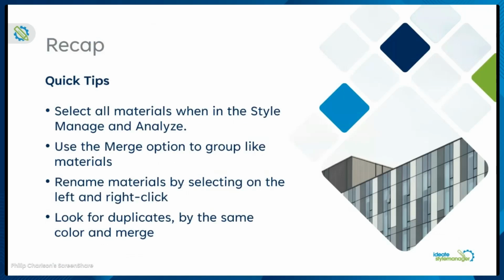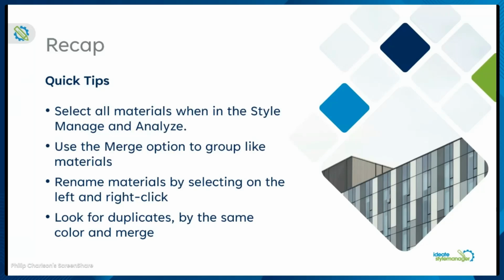All right, so just a little bit of a recap here. Some quick tips on using the Style Manager in relation to materials. When you pop into it, you typically want to select all the materials, see where you're at, and run the analyze button at the bottom.